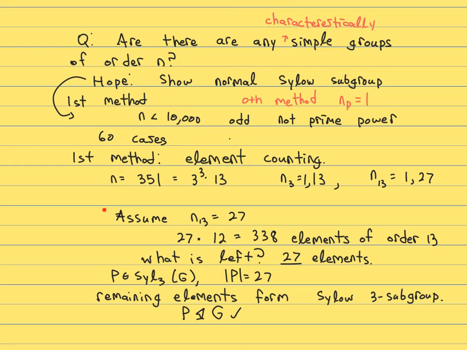So this method is most useful when, let me say it carefully, your order factors as distinct primes all with exponent 1, or distinct primes with exponent 1 except at most 1 prime.